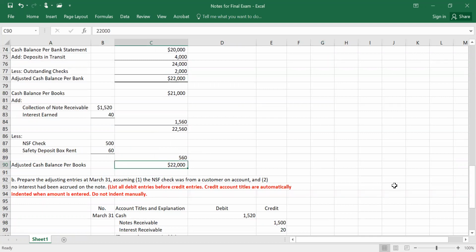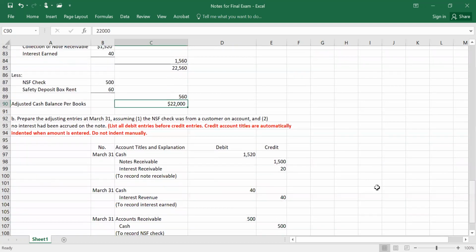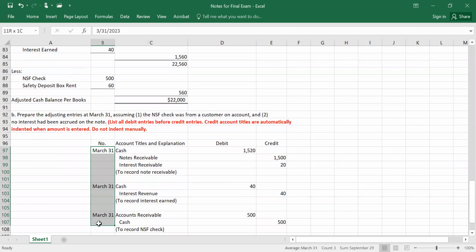Next, we're preparing the adjusting entries at March 31st, assuming the NSF check was from a customer on account and no interest has been accrued on the note. So the first there, if you notice, it says NO in the actual problem, so it's the same thing, but you'll notice all the dates are March 31st. The first thing we're going to do is record the cash that we collected from the note receivable, which was 1,500, and then the interest receivable on that note, which was 20.